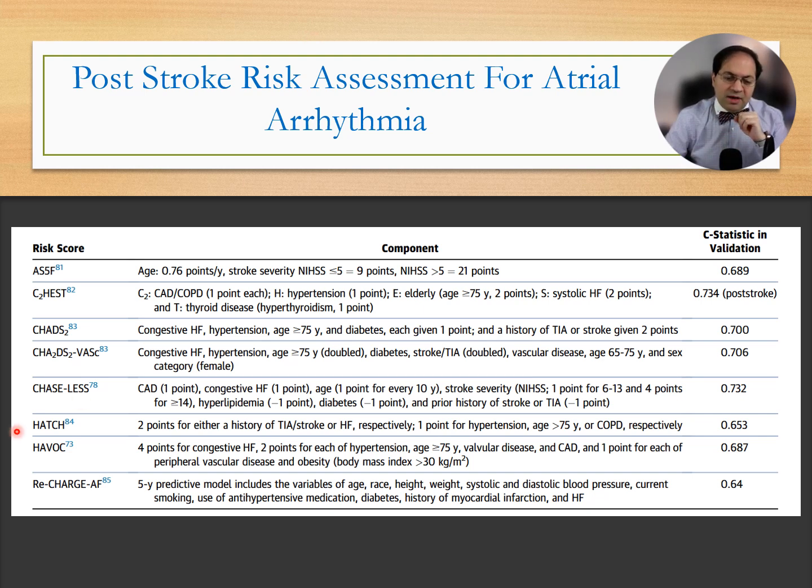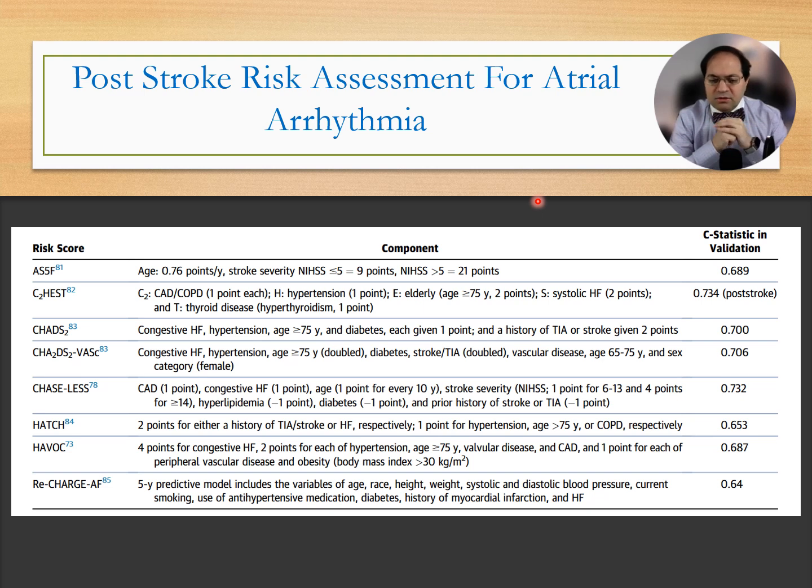For example, we have CHASE-LESS, where you get 1 point for coronary disease, congestive heart failure 1 point, and so on, as well as severity of stroke. Also, you get a negative point if you have diabetes, hyperlipidemia, and prior history of stroke or TIA.